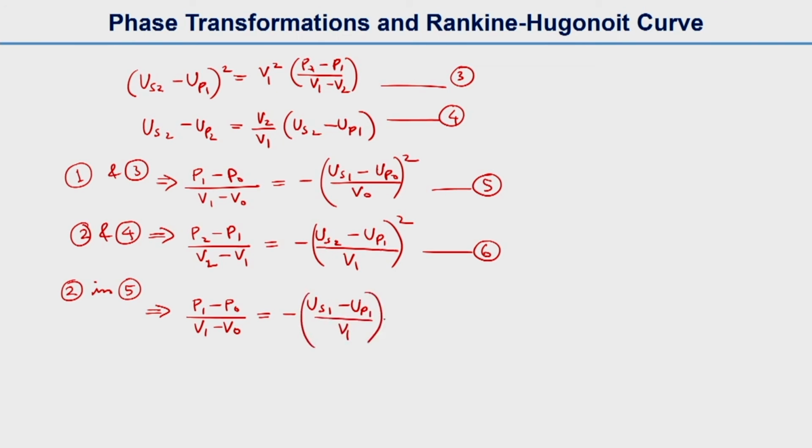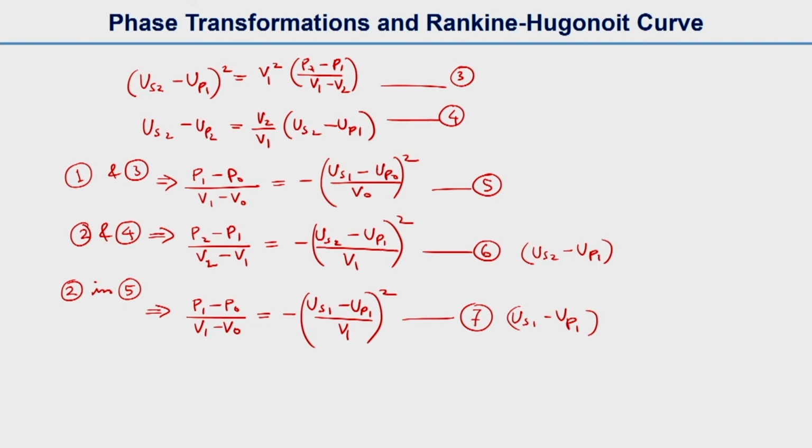So why are we doing that? Because we want to have this in terms of US minus UP1. So equation number 7 is in terms of US minus UP1, and even equation number 6 we have in terms of US2 minus UP1, which we needed for this problem.